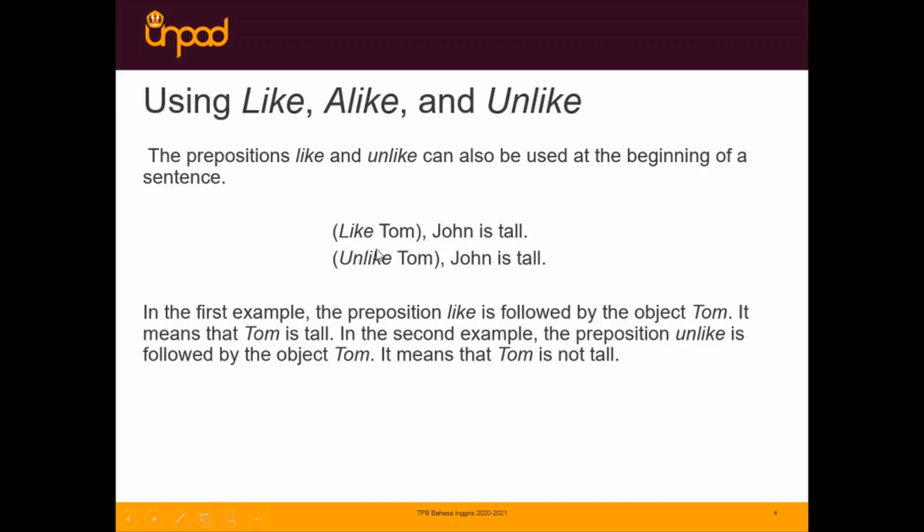In the first example, the preposition like is followed by the object Tom. It means that Tom is tall, like John. In the second example, the preposition unlike is followed by the object Tom. This means that Tom is not tall.